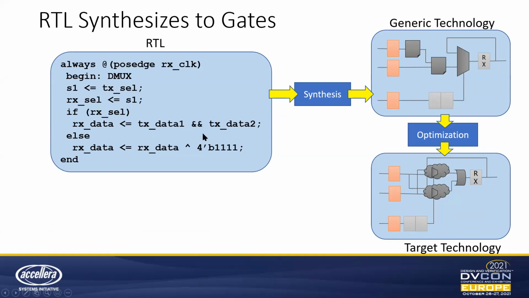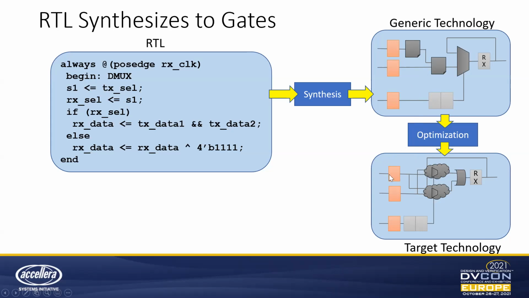Here we are showing a valid demux crossing. This is an RTL representation of a valid demux crossing. During synthesis, it may be mapped to some generic technology, but to meet design constraints of area, power, or timing, it will be mapped to some targeted technology, and optimizations can be done by the synthesis tool.